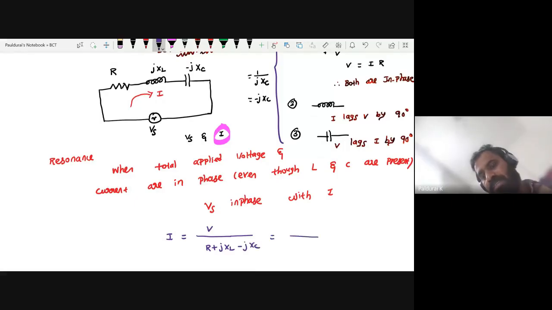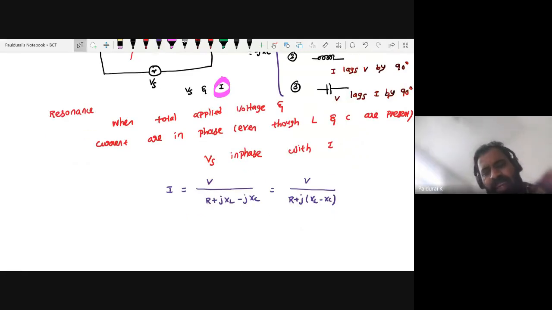So I equal to V divided by R plus j times (XL minus XC). Now listen to this carefully. So actually this is my Vs, right? Now, when this applied voltage Vs and the current are both in phase, under what condition?